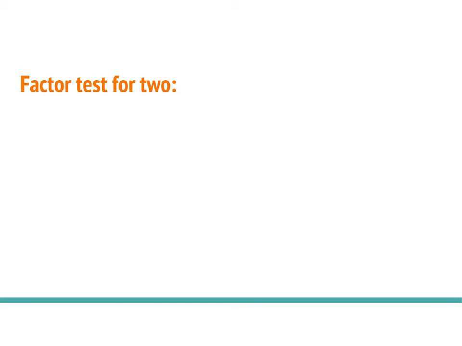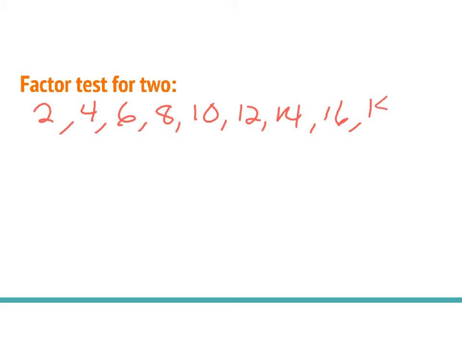So moving on to our next slide. If I was looking to test if a number had 2 as a factor, let's just look at the multiples of 2. They are 2, 4, 6, 8, 10, 12, 14, 16, 18, 20, and of course we could keep going.